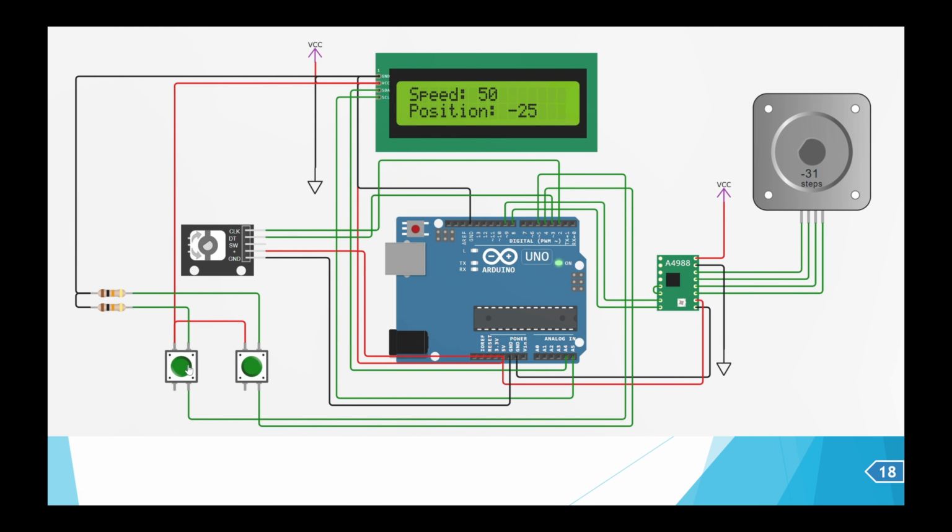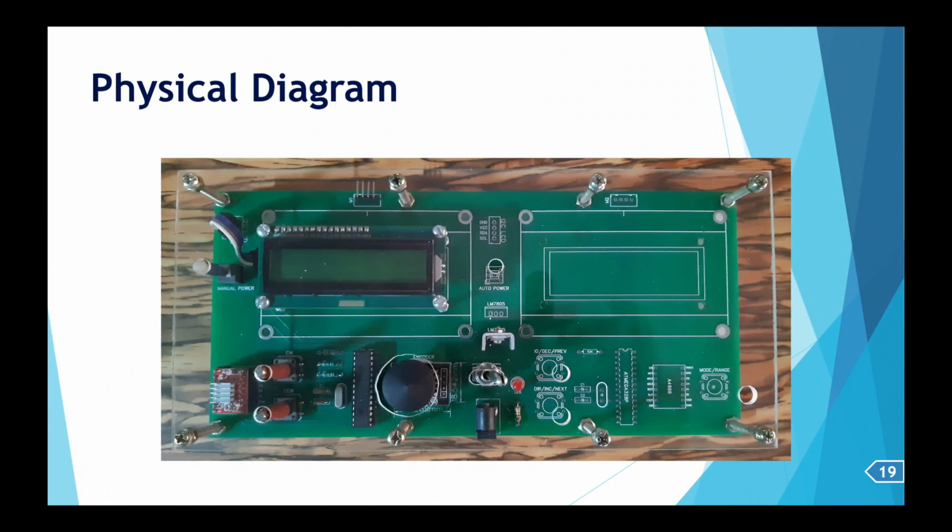Now we will increase the speed of the stepper motor. You can see the shaft rotation is being done, but definitely at higher speed. And that was all about our demonstration. This is the physical diagram, or this is the actual project that we have made.